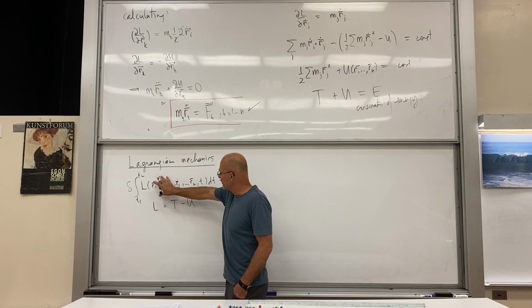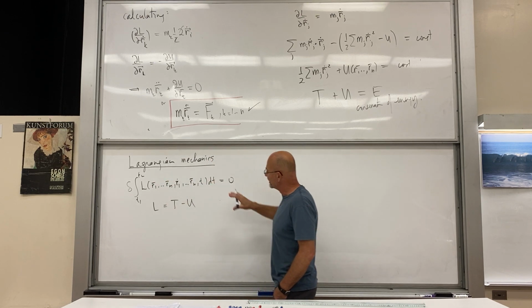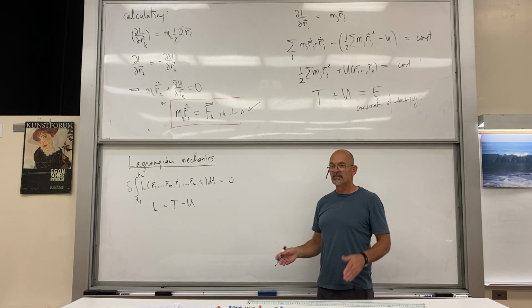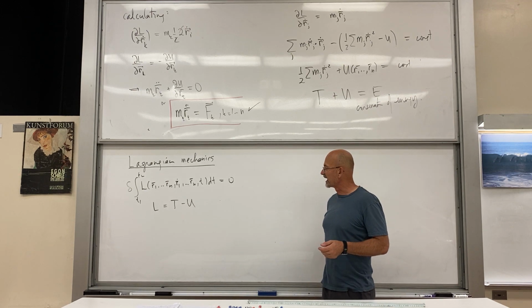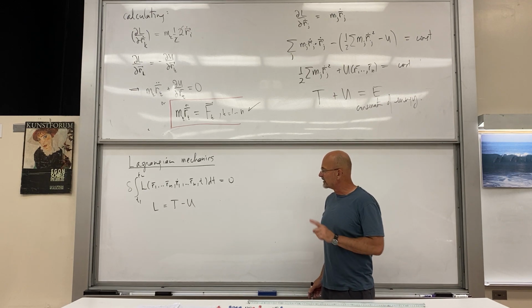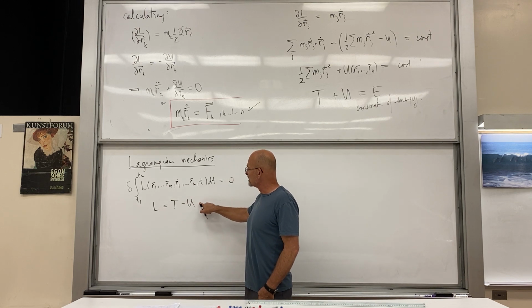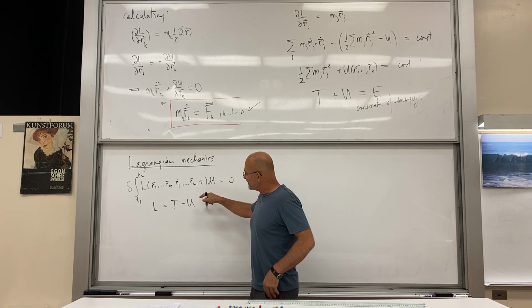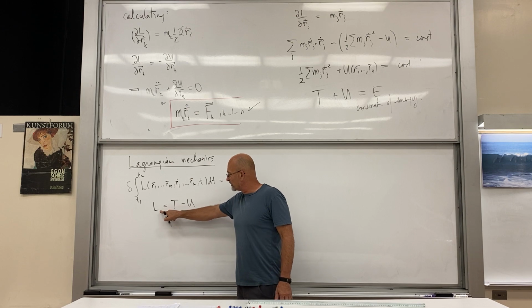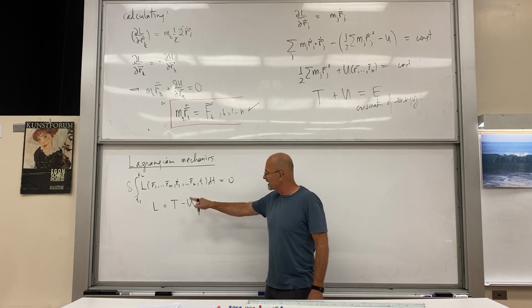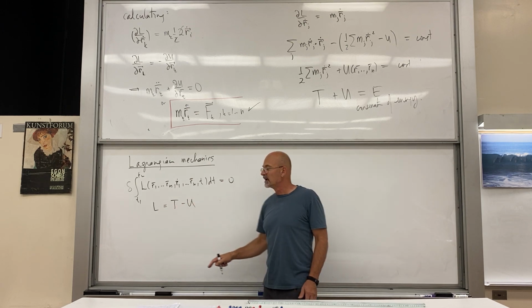Right now we're just starting out with Cartesian coordinates and a bunch of isolated point masses and point mechanics. But since the principle involves the difference between kinetic and potential energies, any set of coordinates that we can use to formulate the difference between kinetic and potential energies is good.